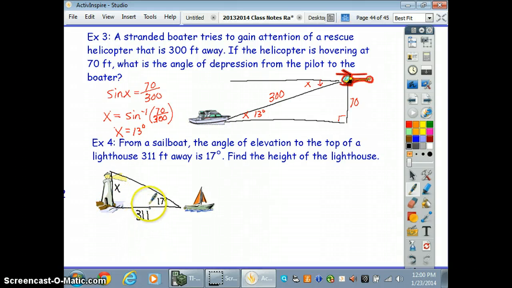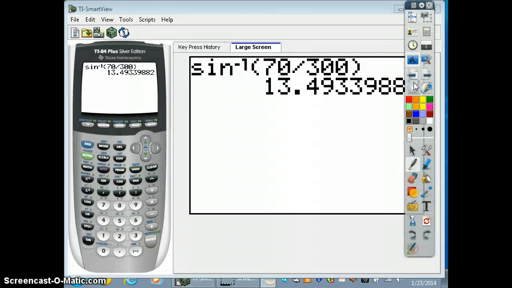Opposite, adjacent, right? Opposite, adjacent, because that's the hypotenuse. That's tangent of 17. Opposite is x, adjacent is 311. Cross products, x equals 311 times the tangent of 17. Go to our calculator.